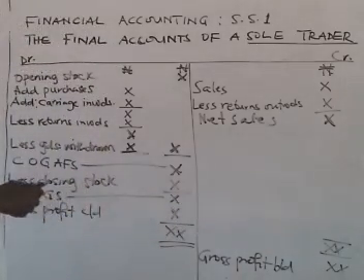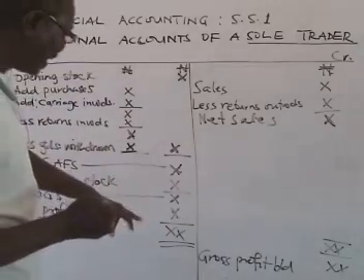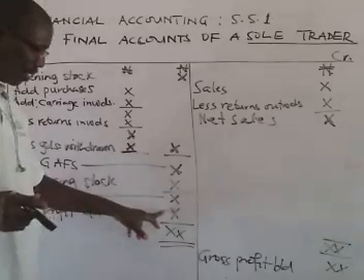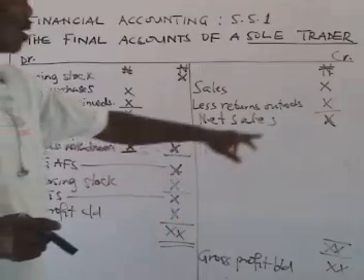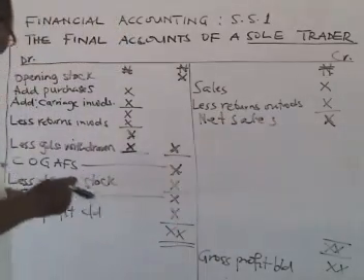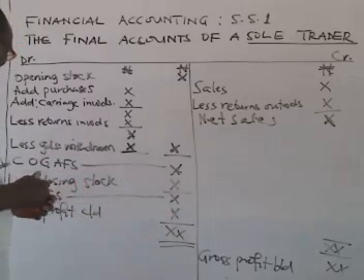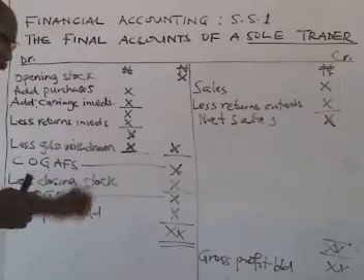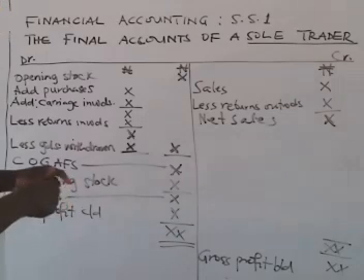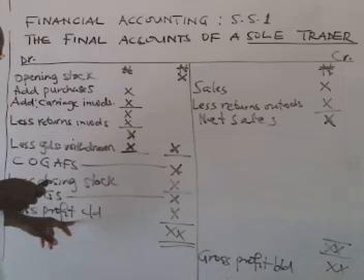Now, the main purpose of preparing this account, called the trading account, is to get the gross profit. The gross profit is derived after subtracting your cost of goods sold from your net sales. There you have your gross profit.